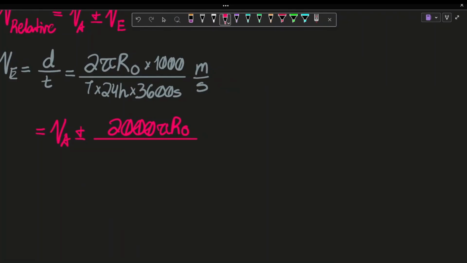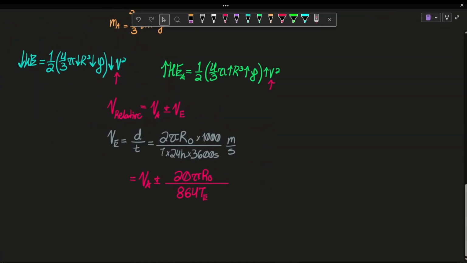So 24 times 3,600 would be 86400. Of course, we can get rid of 2 zeros here. Pi radius of the orbit over 864T, and then we say the period of the Earth.